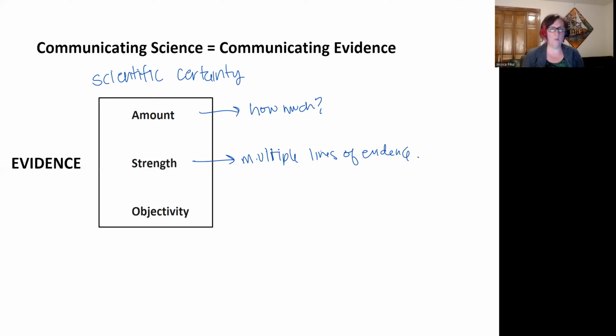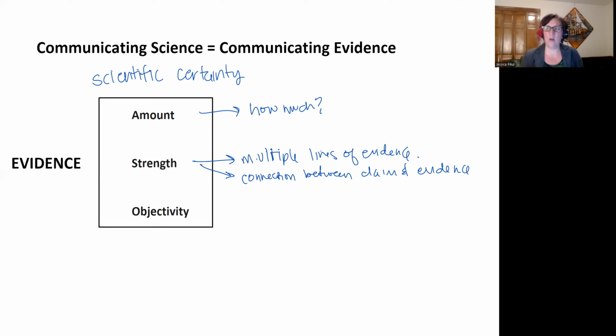But also how well that evidence actually relates to the claim being made. A common thing to hear is a statement being made and evidence given, but the two really don't have anything to do with each other. So I think both of those contribute to the strength of the evidence.